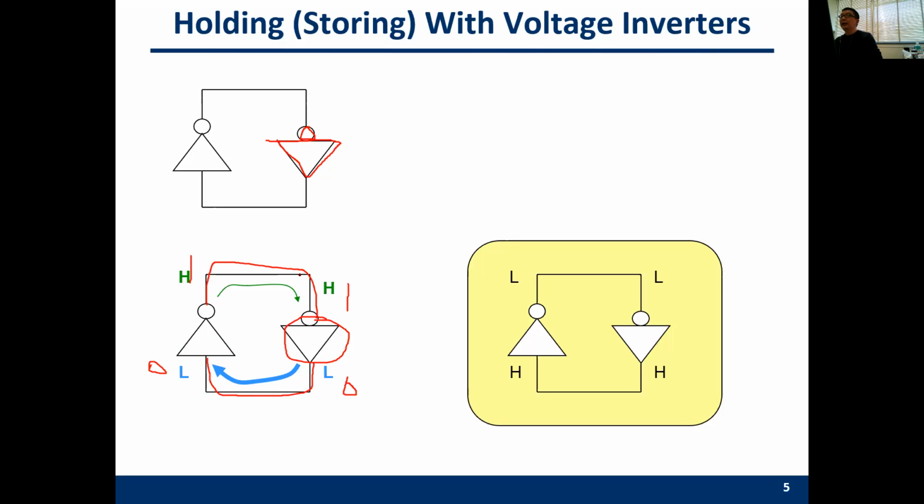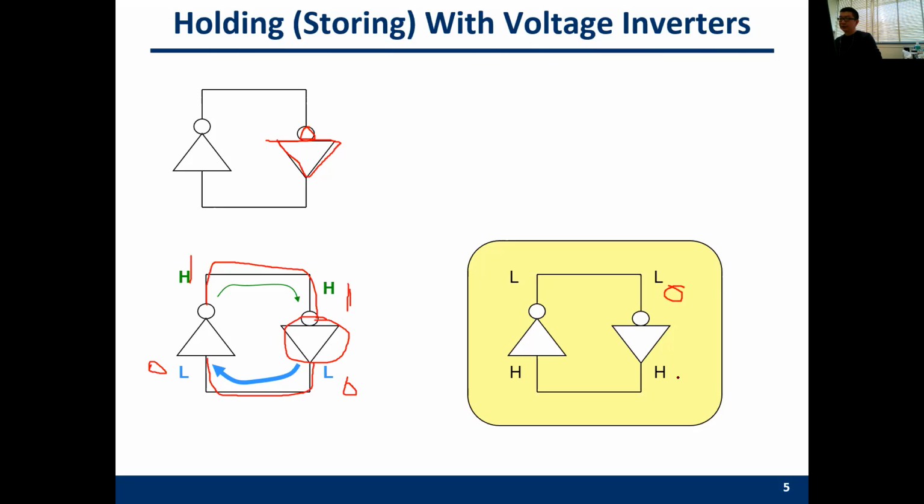This is good. And you can see that when I connect two inverters together, I mean, I connect the output of one inverter to the input of the other one, I can get a so-called stable state if I store 1 here. But how about I store 0 here?